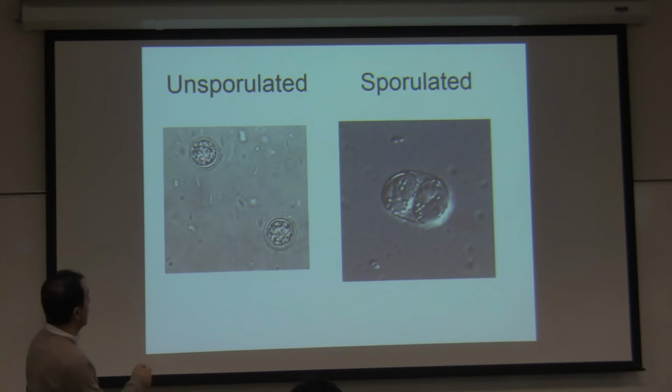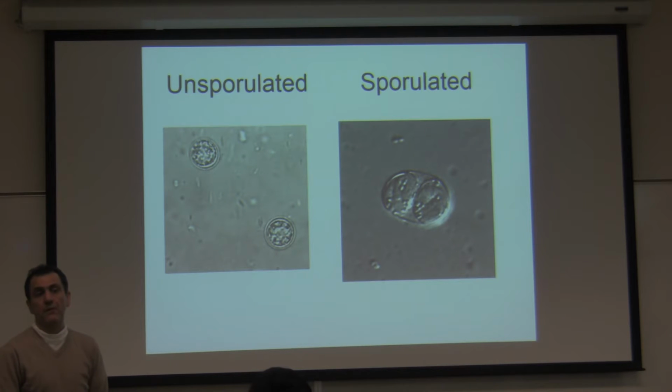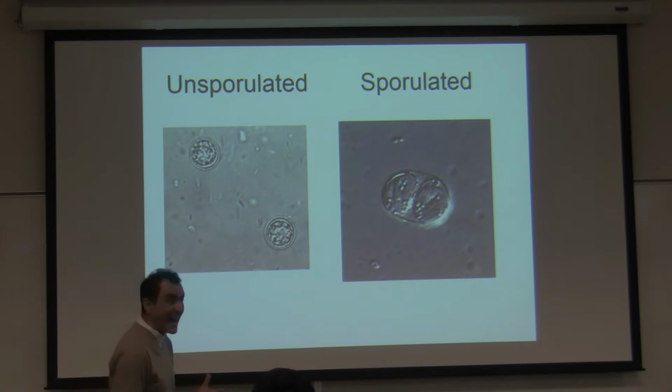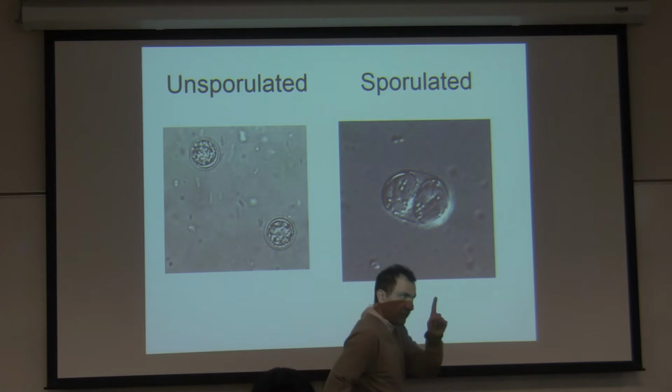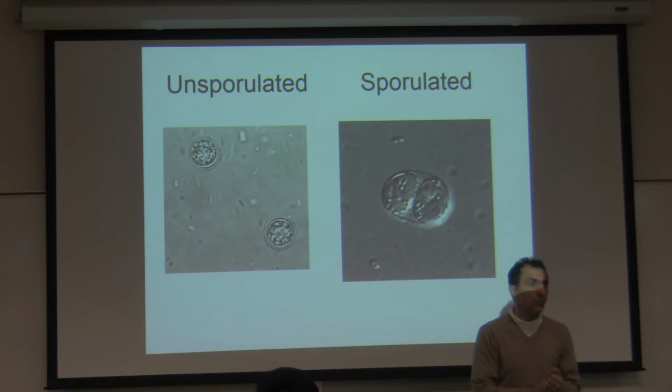Here they are, a few unsporulated oocysts, and this is a sporulated oocyst. You can see the sporozoites. This is the one that if you and I ingest, or any animal ingests, will not become infected. That's why they recommend you should change the litter box of the cat less than 24 hours. Not between 1 to 4 days, less than 24 hours.